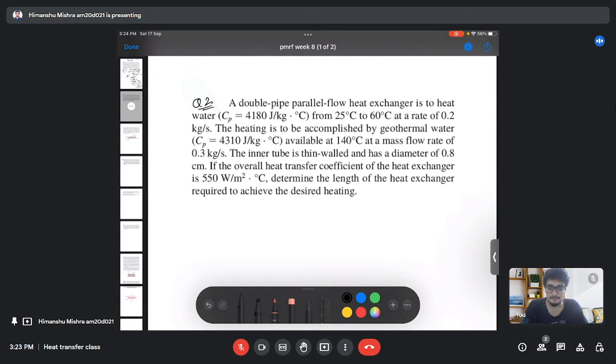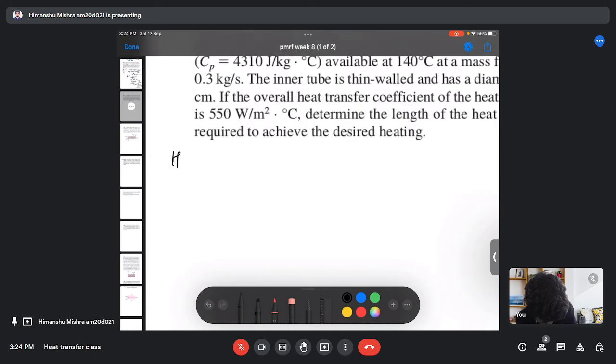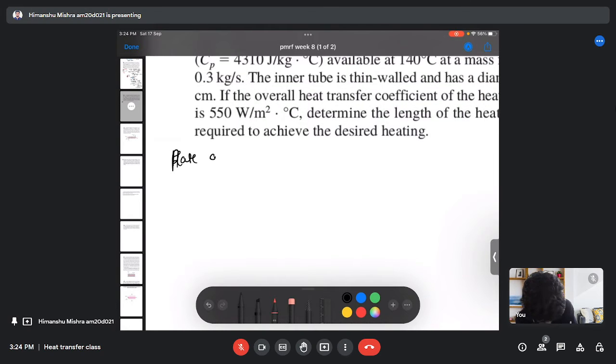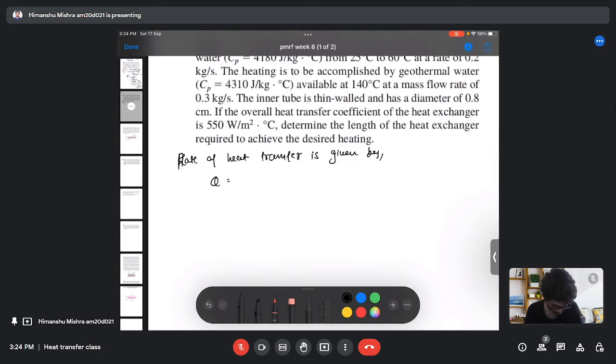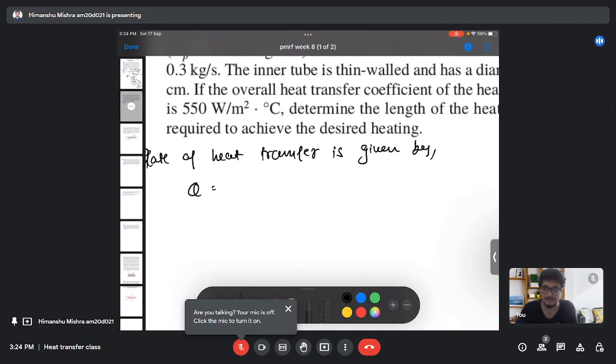So for that, we first record the heat transfer rate, the rate of heat transfer given by the following. Since we have been given the properties and the temperature of the water, we can use these to find the heat transfer.